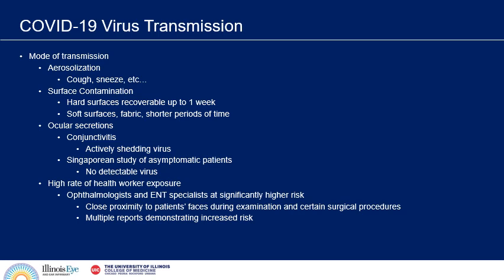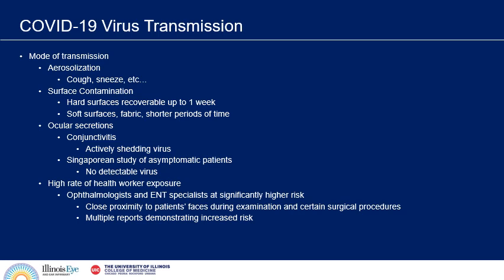A recent Singaporean study, however, of ocularly asymptomatic patients with COVID-19 was unable to recover virus from the conjunctiva at the same time they were able to isolate and identify virus from oropharyngeal swabs.